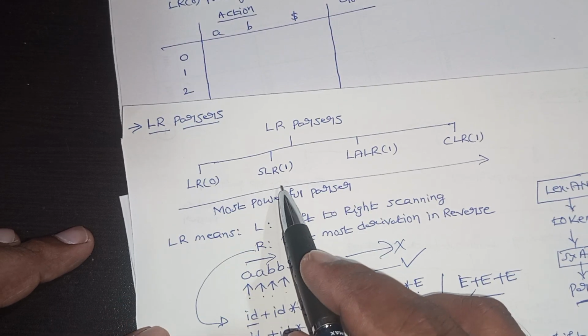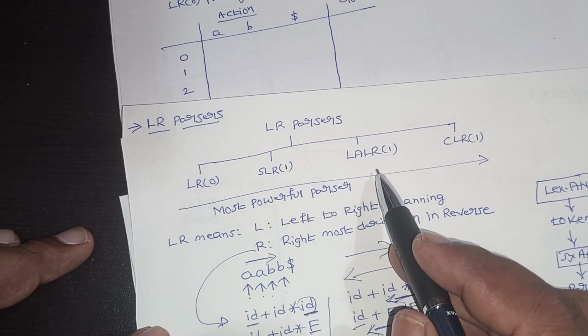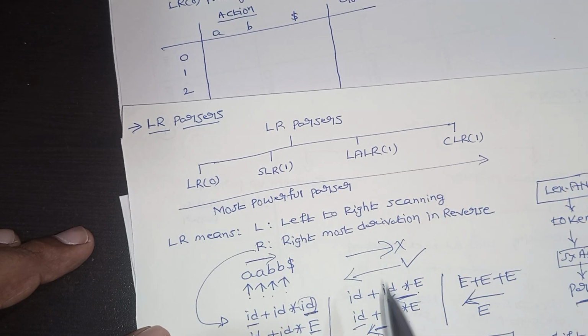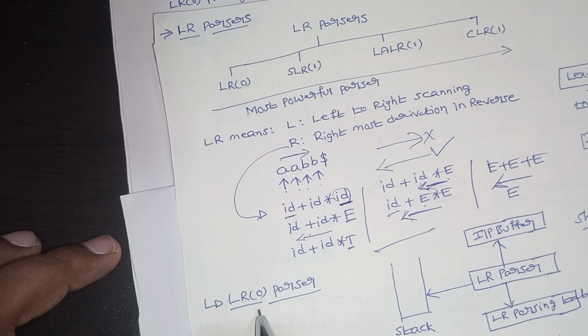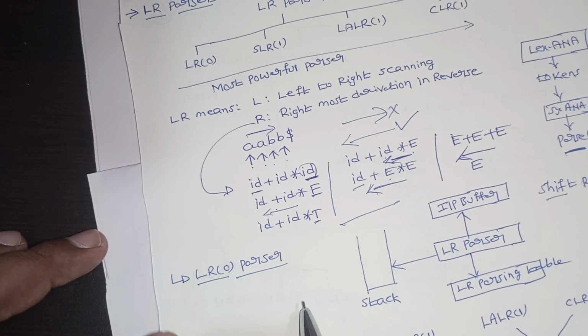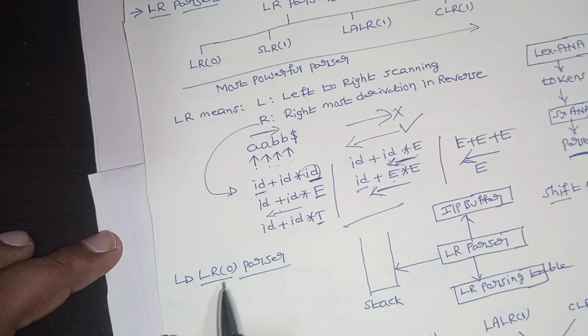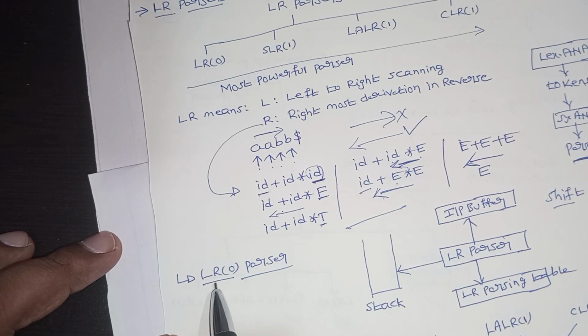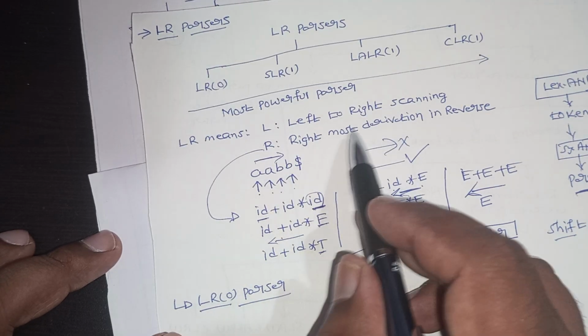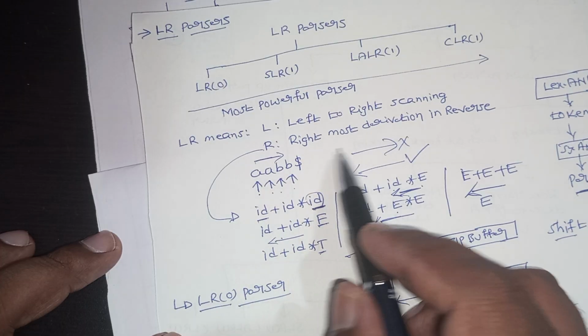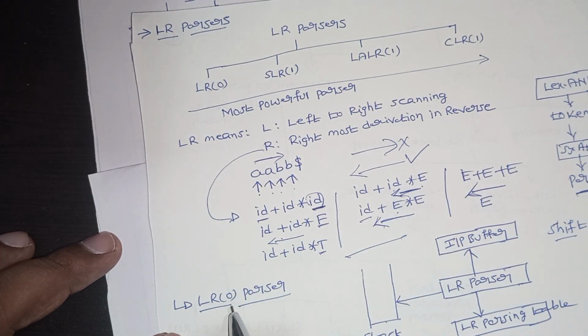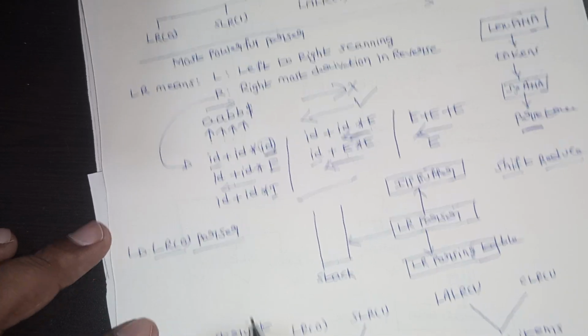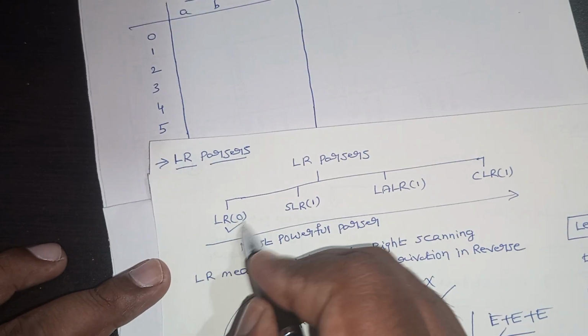You will come to know the meaning of 0 or a lookahead symbol when you complete SLR(1), LALR(1) and CLR(1). LR means left to right scanning and rightmost derivation in reverse order, and 0 means I am not looking at any lookahead symbol. This is the first question I am taking.